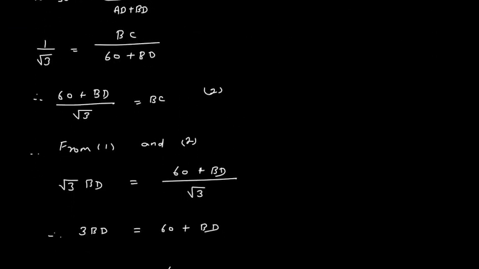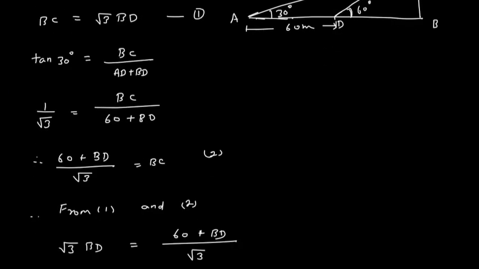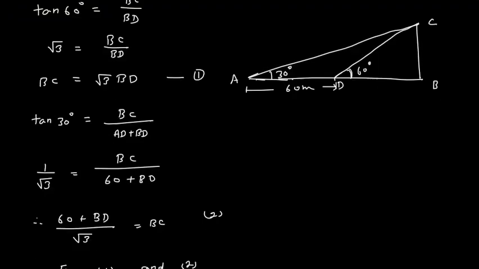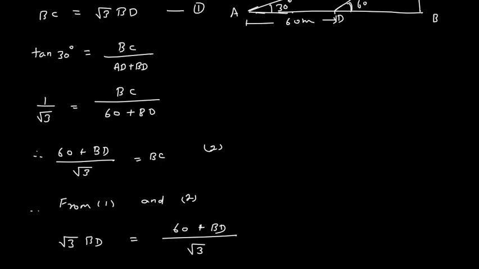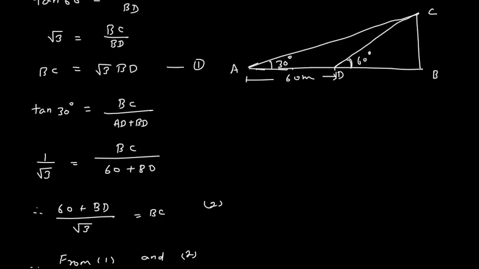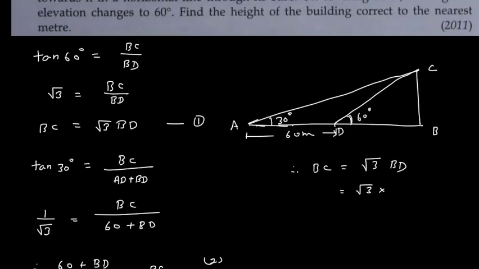Now I got the value of BD. The problem is to find the height of the building. Once we know BD, we can find BC, which is the height of the building. BC in equation number 1 is root 3 BD, and BD is 30 meter. So this is root 3 into 30.